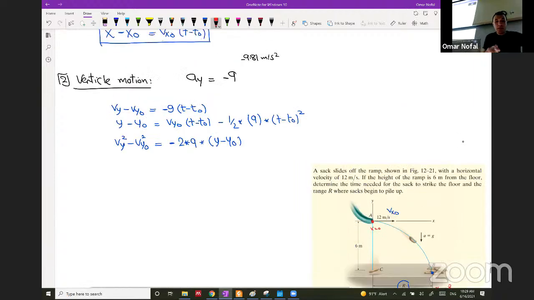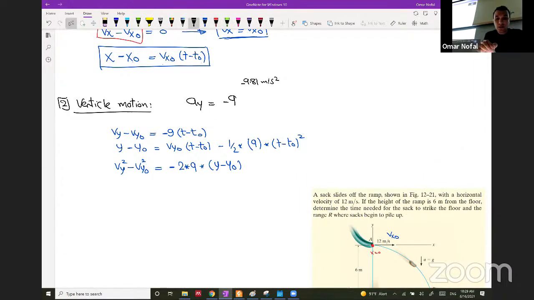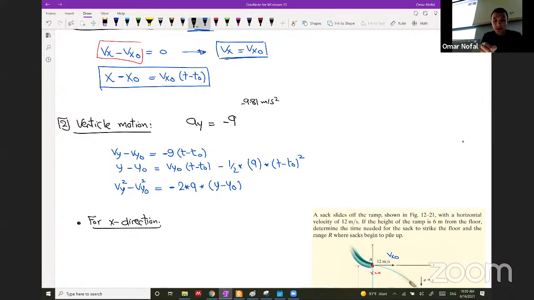So let's start solving in the x direction first. For the x direction, if you apply these sets of equations, you end up with Vx, and you have Vx node equal to 12 meters per second. And here you have V equal Vx node, which is equal to 12 meters per second.